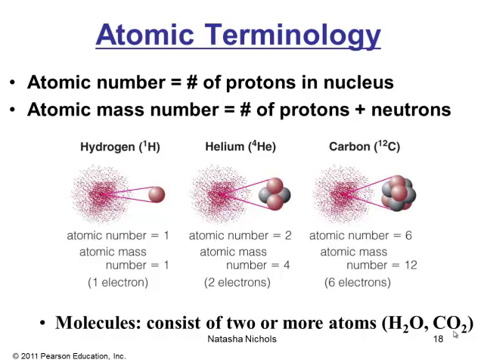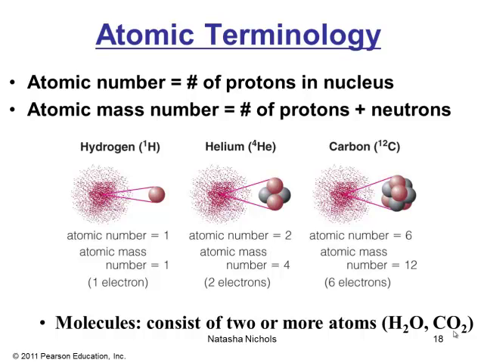So if you take a look at hydrogen, whose symbol is capital H, hydrogen 1 tells you that it has an atomic number of 1. That 1 on the upper left corner represents the atomic mass number. So it tells you that it has 1 proton and no neutrons.